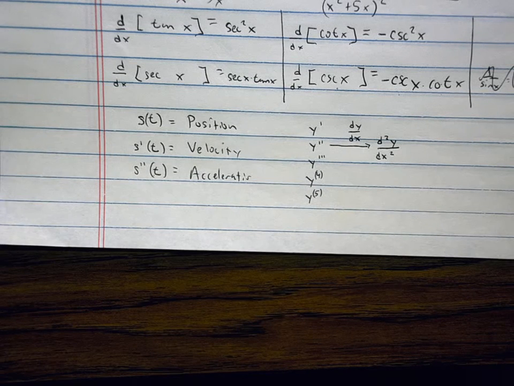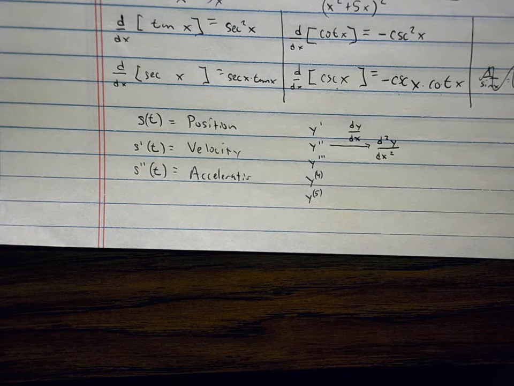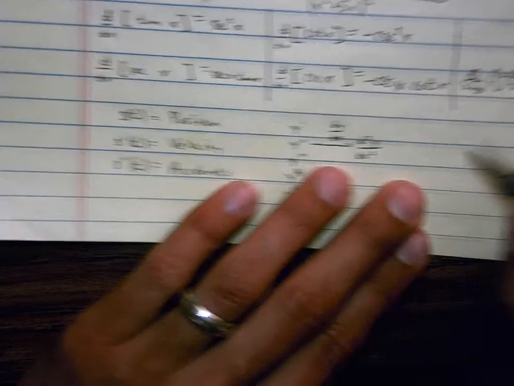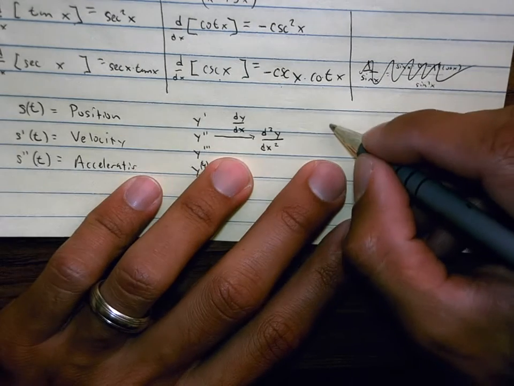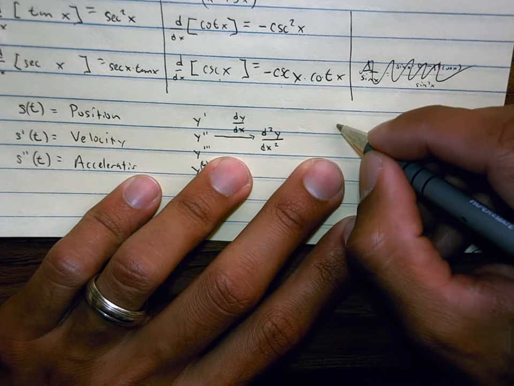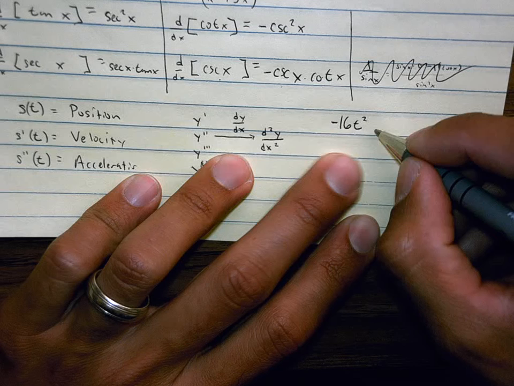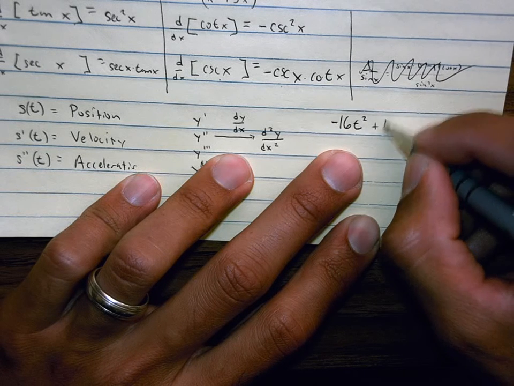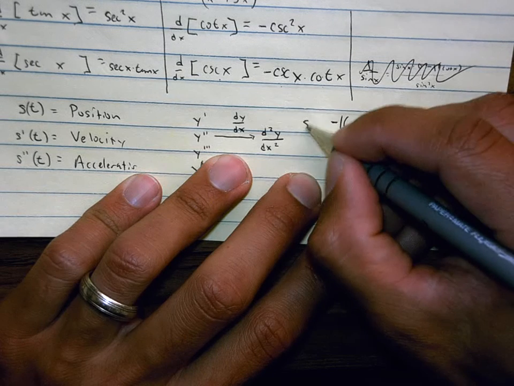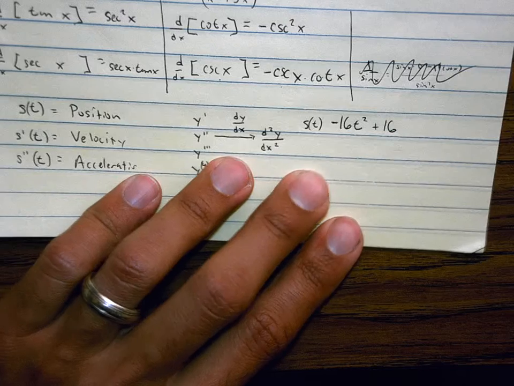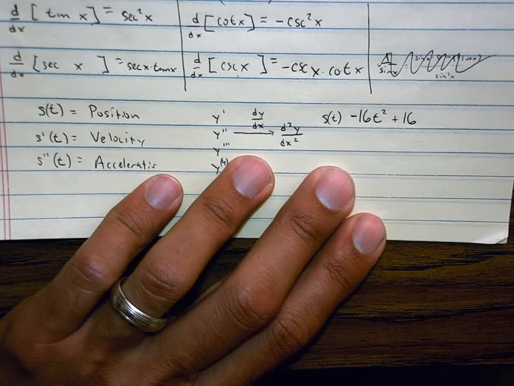So, if I ask you to find a second or a third derivative of something, it's really easy to do. If I gave you a function that was like negative 16t squared plus 16, and that's my position formula.